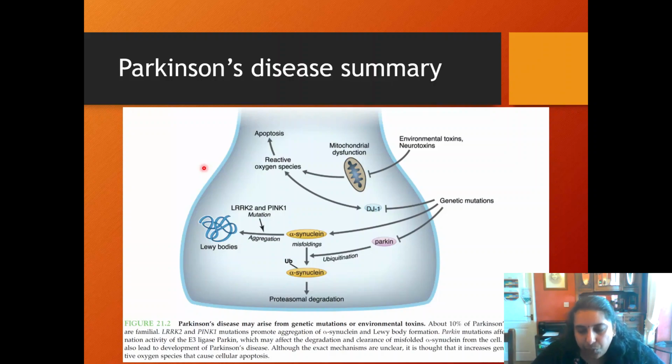As you can see, with both Alzheimer's disease and Parkinson's disease, it's really unclear exactly what it is that's happening in the neurons that's causing the neurons to die. It's not clear why particular neurons die, and it's not clear what happens in the neurons to cause them to die.